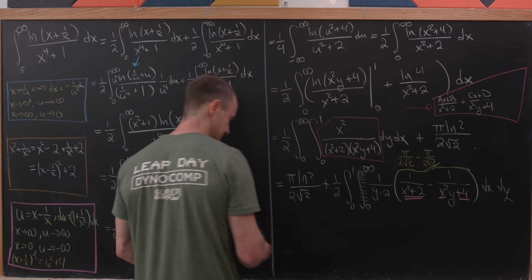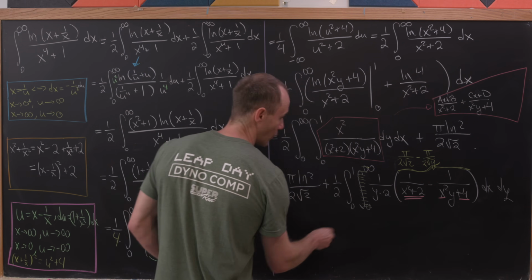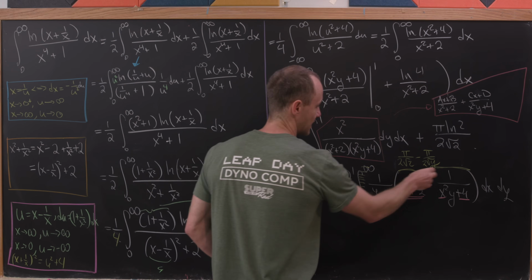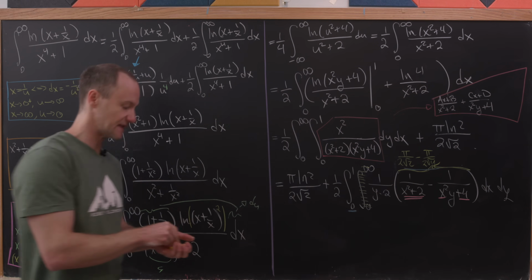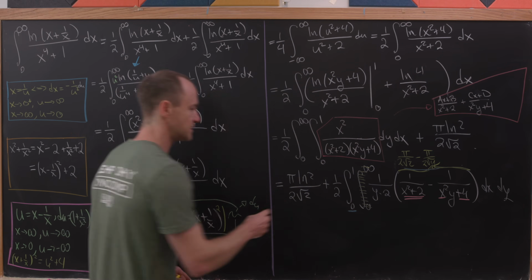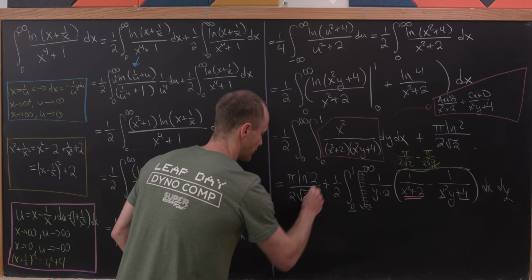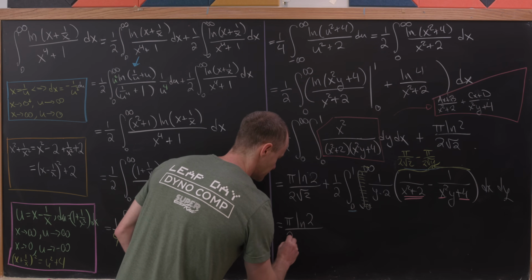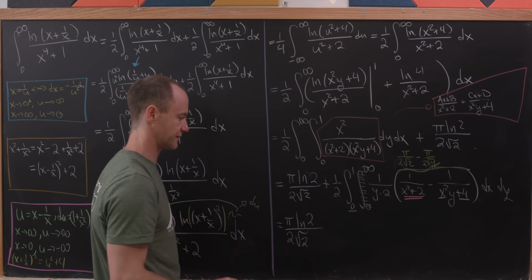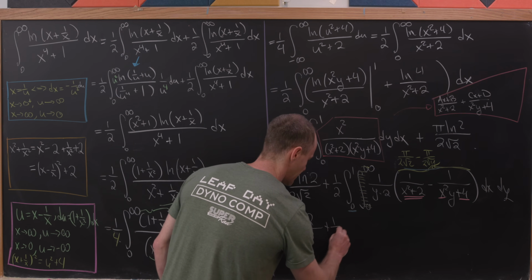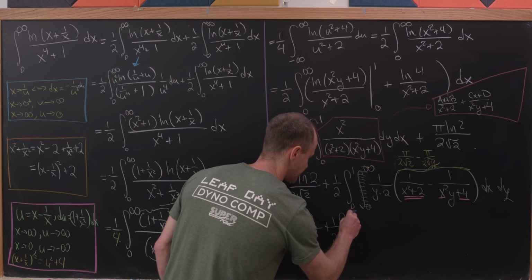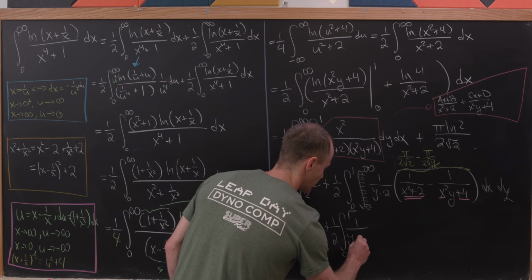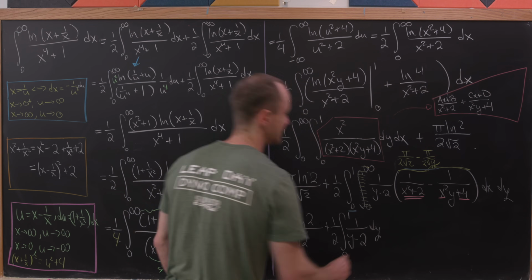And now what I'll do is take this remaining y integral and split it up across these two terms. So let's see. Bringing this down, that's going to give us pi times the natural log of 2 over 2 times the square root of 2. And then we'll have plus 1/2 our integral from 0 to 1 of 1 over y minus 2 dy.